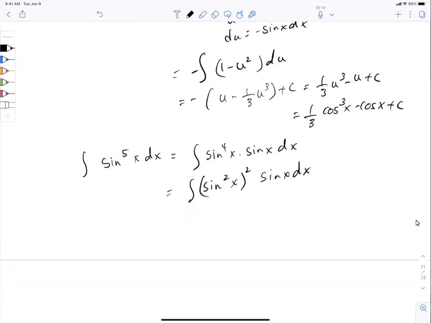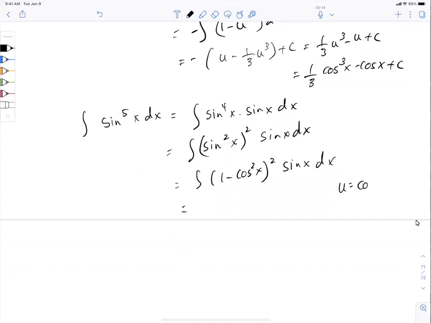Then sine squared, I convert it to 1 minus cosine squared. And then I do u-substitution. Let u be cosine x, du is negative sine x dx.